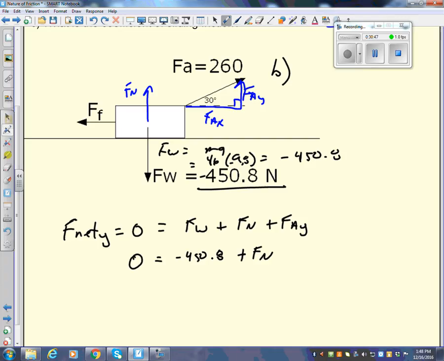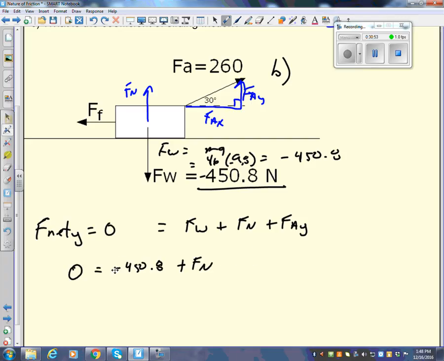Can you just do Pythagoras, a squared plus b squared? You could. You could. I'm going to make myself some more room here. I regret doing this. My FAY, if FAX is FA cos theta, FAY opposite is going to be FA sine theta, isn't it? The y component is the sine.